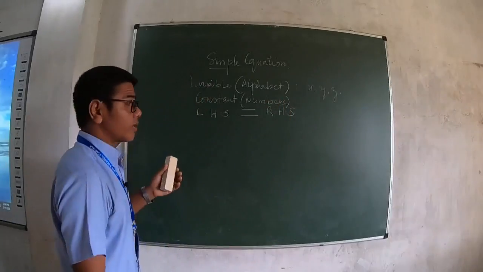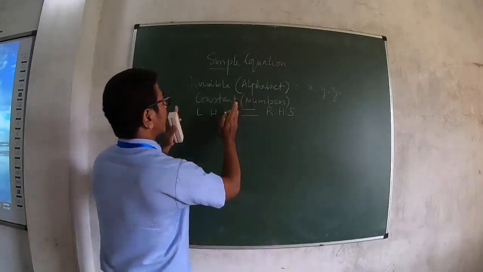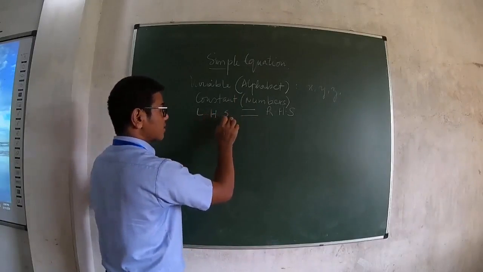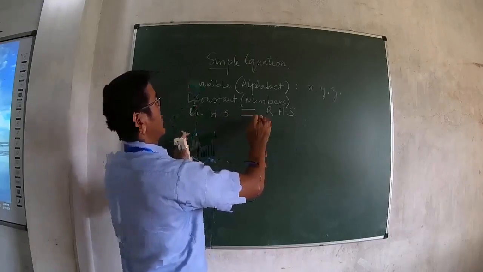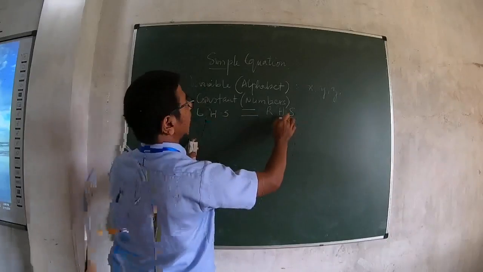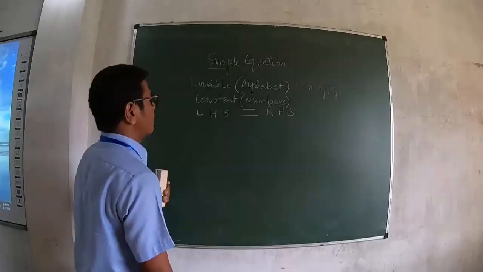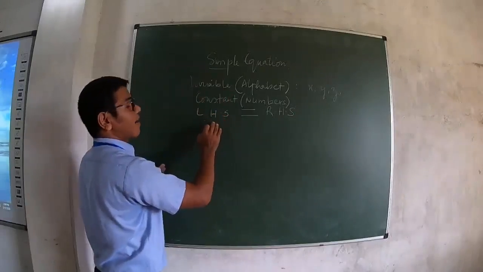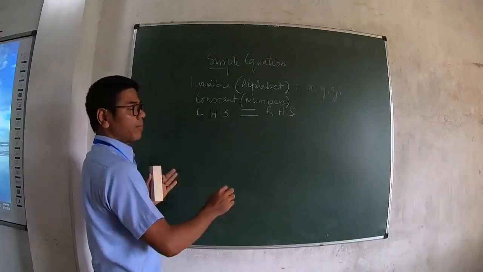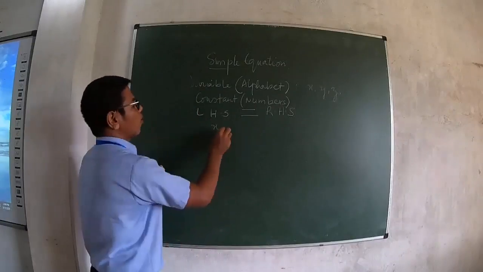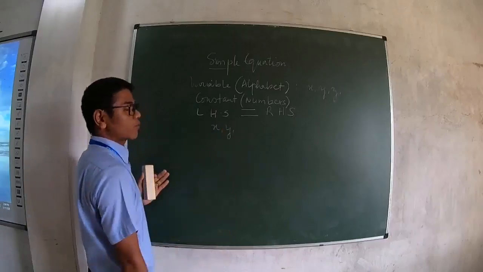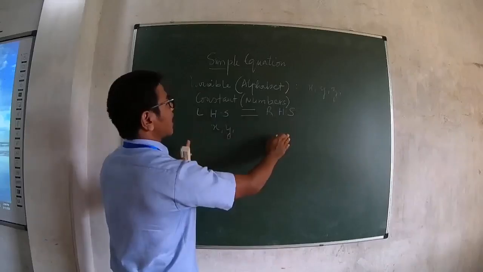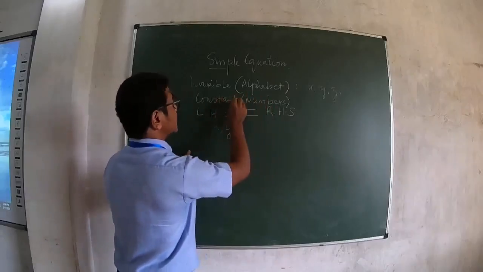I repeat, the left side of the equal to is called left hand side, LHS, and the right is the right hand side. In an equation, the left hand side will have x or y, whatever subject we have, and the right will have the constant, meaning the numbers.